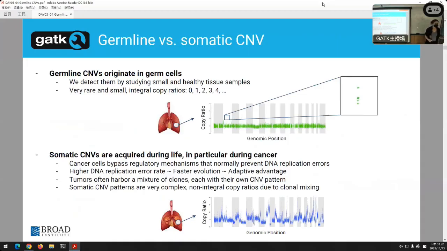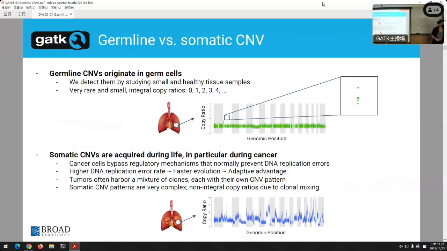So we typically expect that means that we'll actually see an integer copy ratio because you have an integer copy number in all of your cells. So your overall copy ratio is reflective of that.